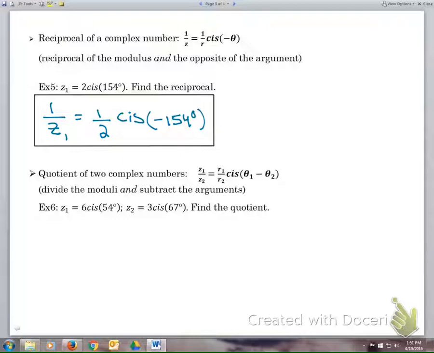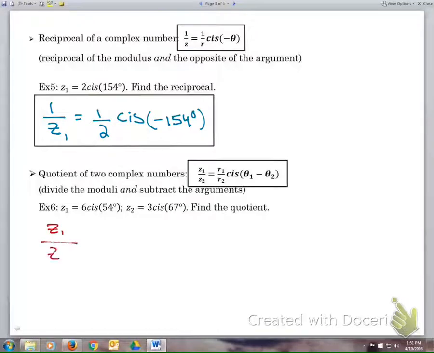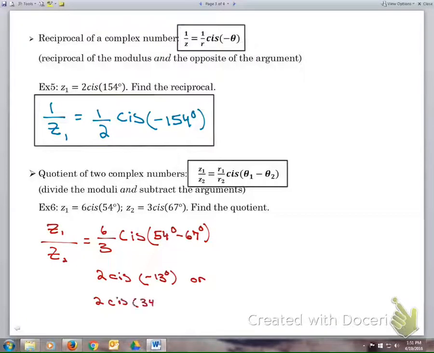Okay? Now for quotients, you divide the r's, but you subtract the thetas. So if you want to find the quotient here, I'm going to divide the 6 and the 3 to get 2, and then I'm going to subtract 54 minus 67. So my angle will be negative here.